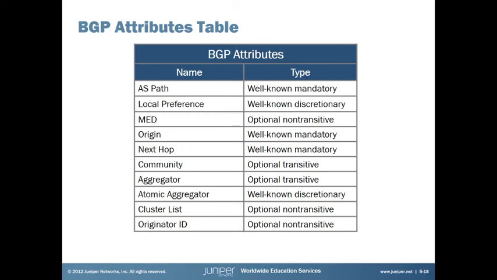And you think, well, what do all the attributes do anyway? They are information that goes into the route selection process. There is an algorithm that BGP uses to decide what is the best path, and it takes these attributes into consideration when it's making that decision.